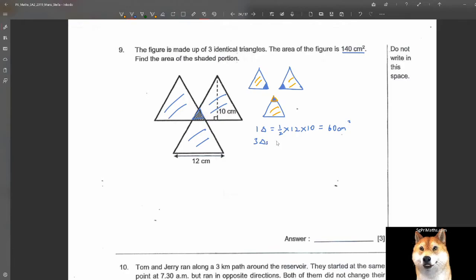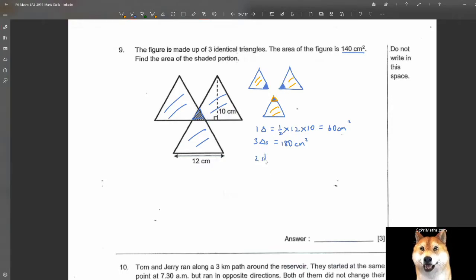3 triangles will give you 60 times 3, 180 cm square. 180 cm square will be 3 triangles here. And comparing 180 to 140, the difference will give you the shaded triangles.